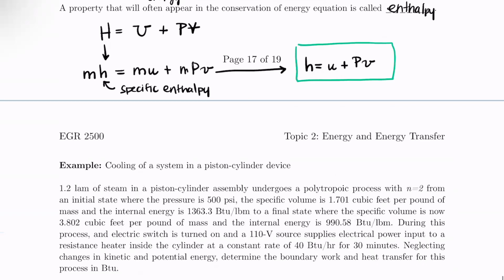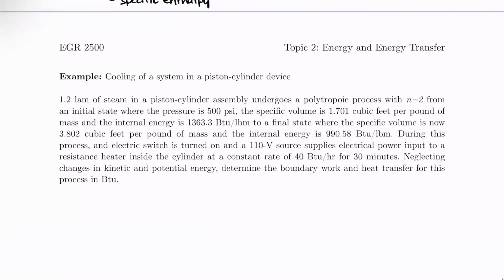Okay, cool. So let's do an example. All right, so we have 1.2 pounds of mass of steam in a piston cylinder assembly undergoes a polytropic process with n equals 2 from an initial state where the pressure is 500 psi, the specific volume is 1.701 cubic feet per pound of mass, and the internal energy is 1,363.3 BTUs per pound of mass.